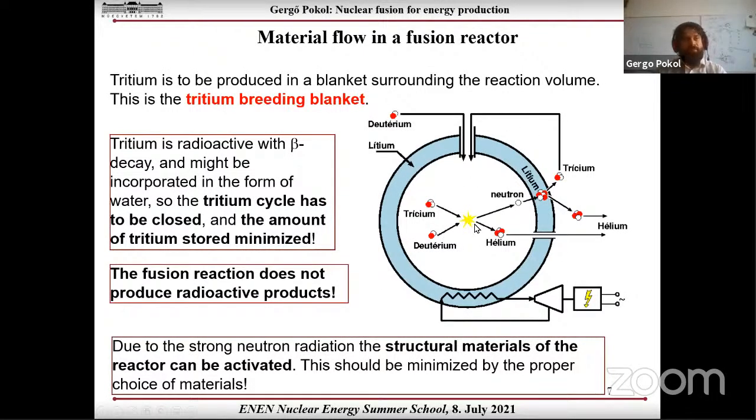We have a chamber where deuterium and tritium fuse, and it produces helium-4 and also a neutron. The neutron is neutral, so it doesn't really interact with all these charged particles.